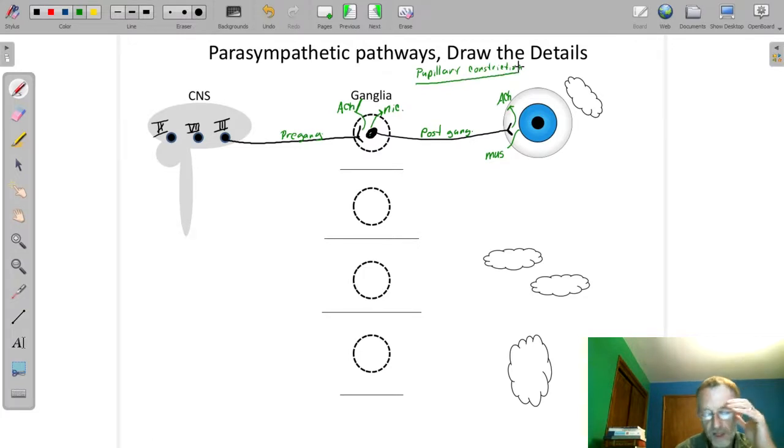So here's a question. What do you think would happen if you drugged the eyeballs and you administered a drug that, let's say, blocked these receptors?